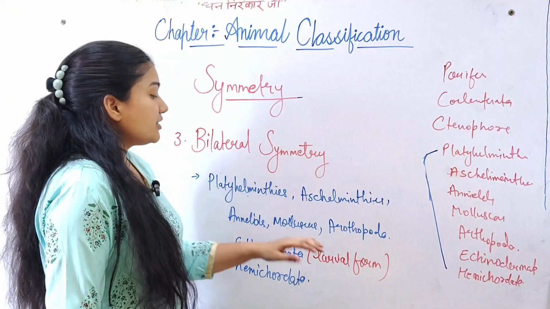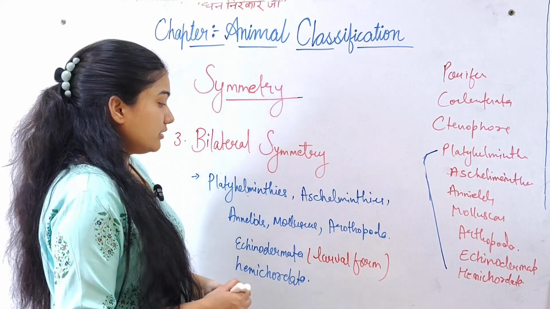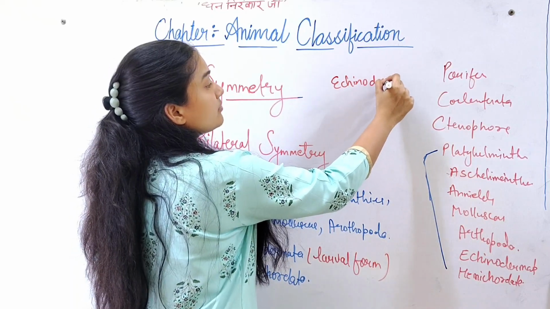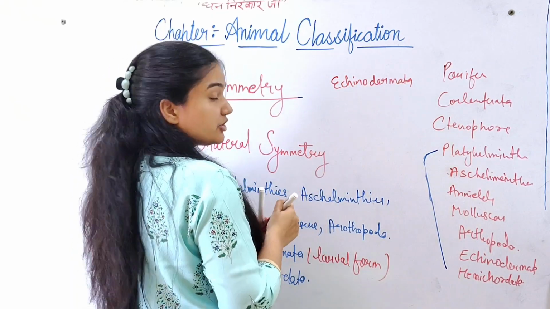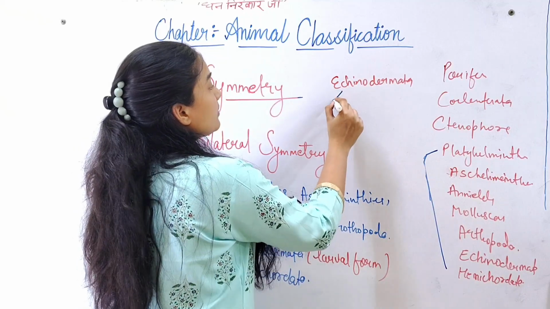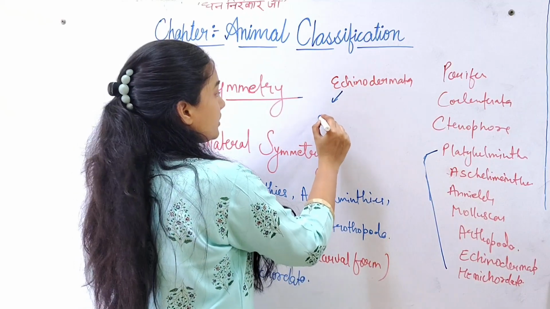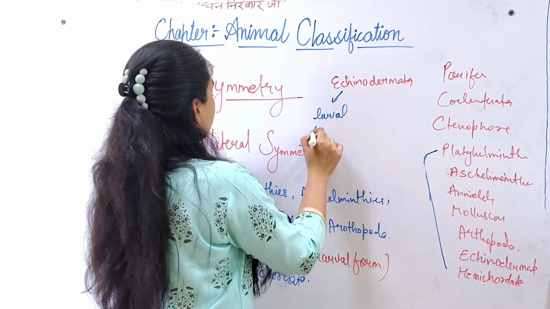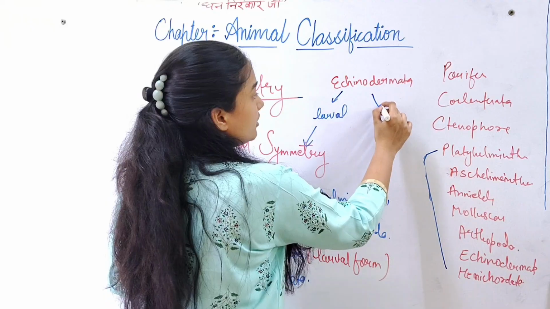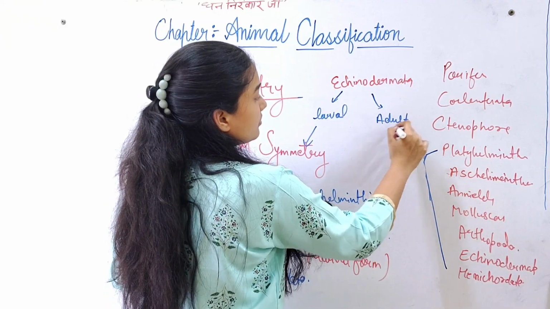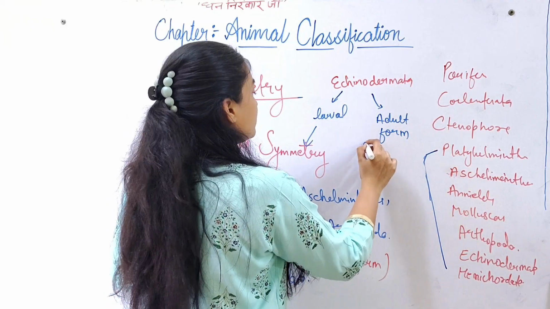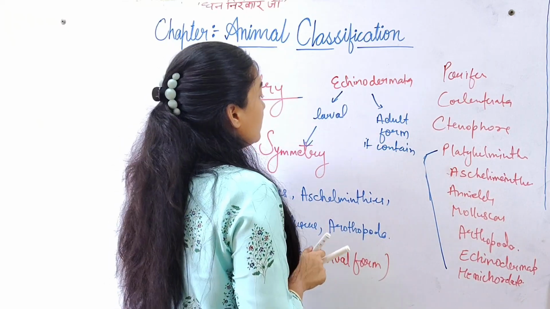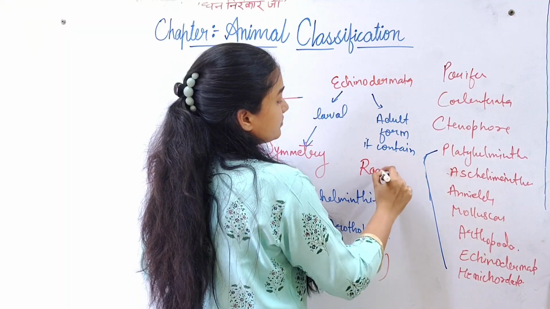Echinodermata contain bilateral symmetry in larval form, but in adult form they contain radial symmetry.